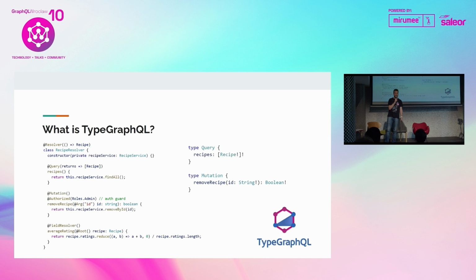But it's not only for declaring the simple types. It's also for the code for the resolvers. So we have the definition of the queries and mutations in our normal classes like the services. TypeGraphQL also supports dependency injection using constructor injection.